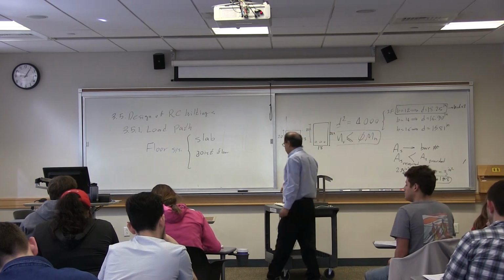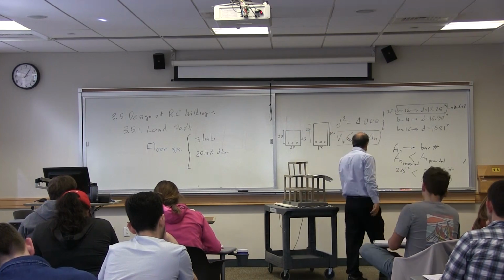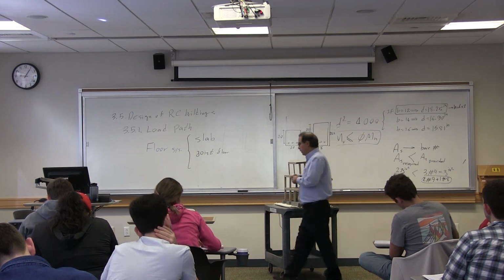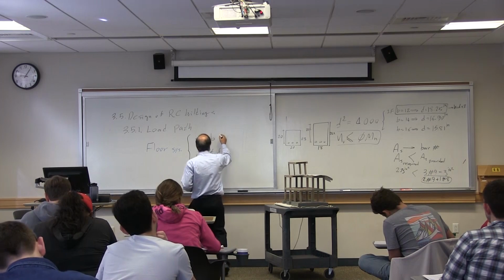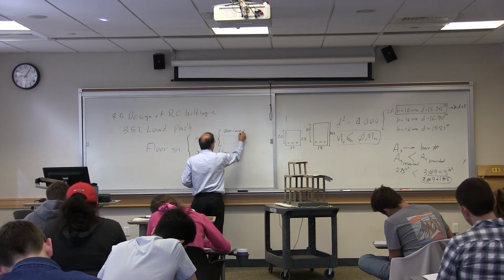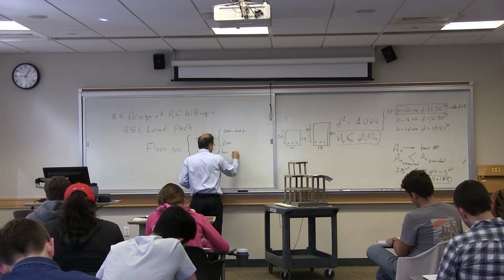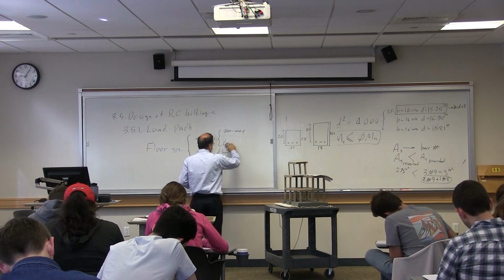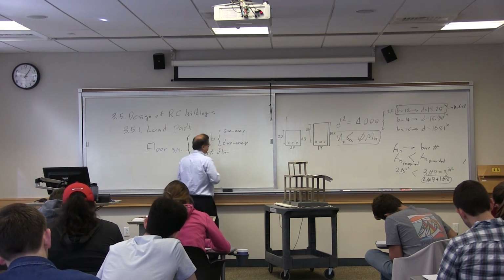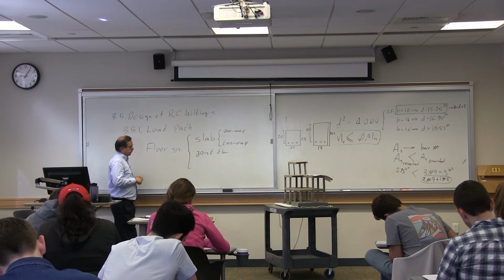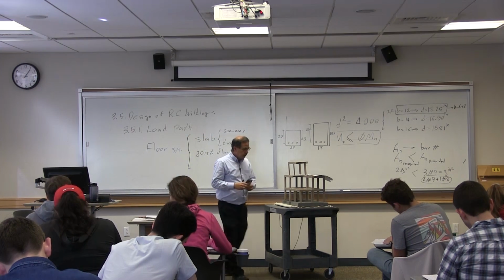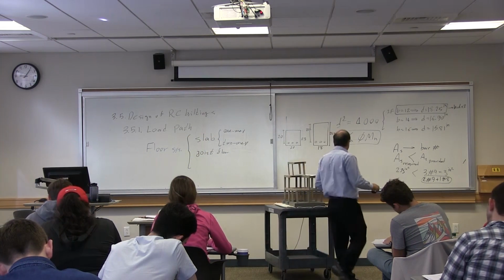The slabs in general are two types: one way or two way. What does it mean, one way or two way?